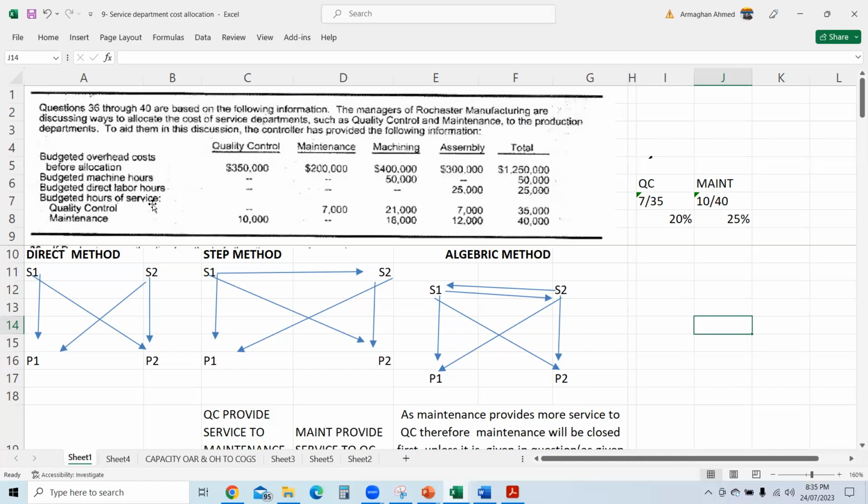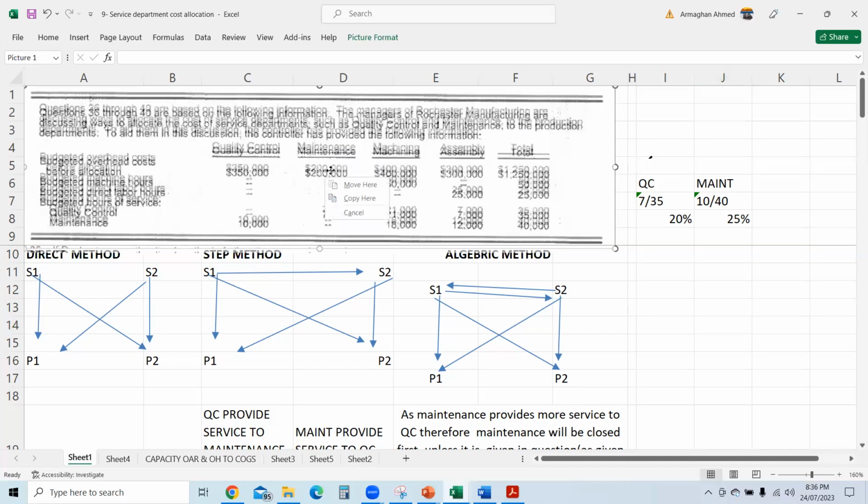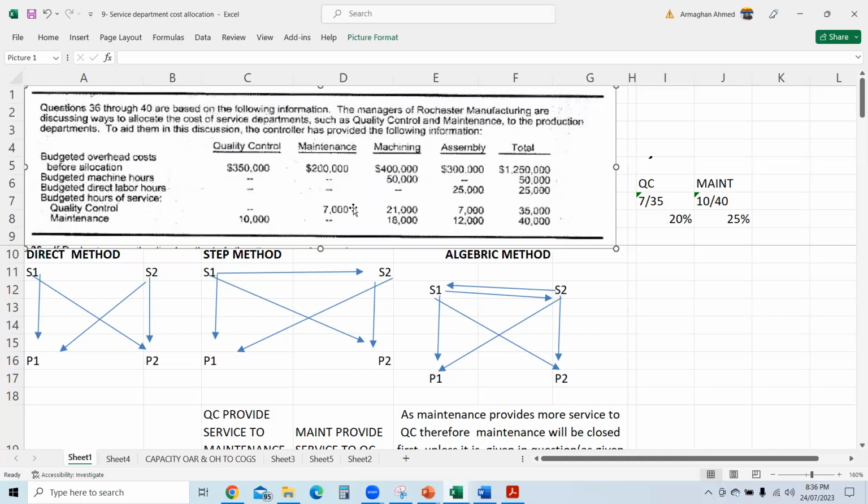How many hours of service is quality control providing to maintenance? 7,000 hours to maintenance, 21,000 hours to machining, and 7,000 to assembly. So basically the quality control department has worked 35,000 hours, and the breakup of hours is 7,000 to maintenance, 21,000 to machining and 7,000 to assembly.